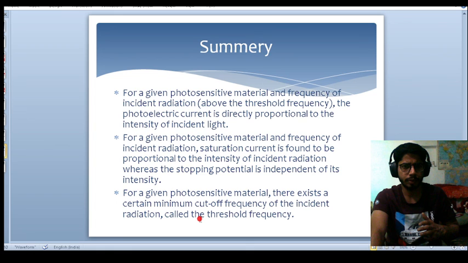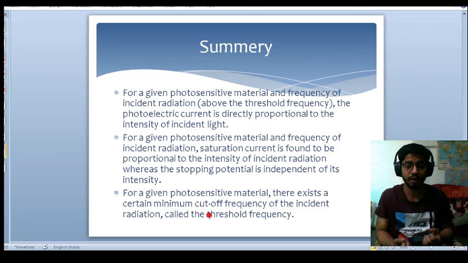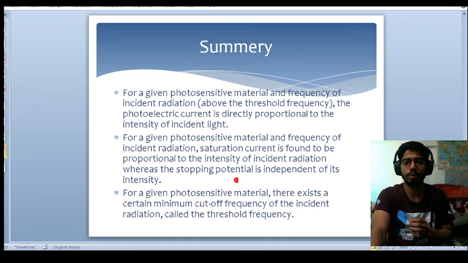If you are providing an incident beam of less than the threshold frequency, even if you provide it regularly, it doesn't mean that after some time the electron will absorb the energy and eject slowly. No, there is zero probability of that happening.